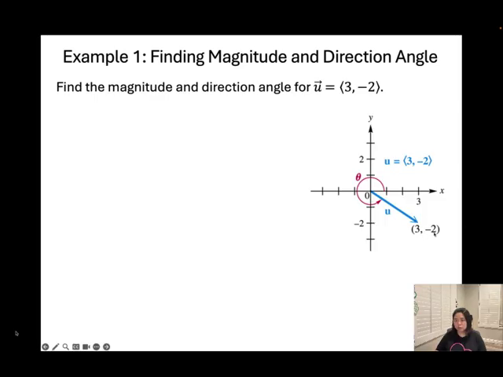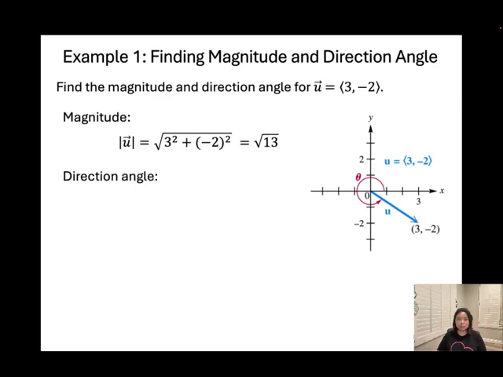Locate the coordinate, and then the vector starts from 0 and goes until here. Now we want to find the magnitude. Apply the formula: square root of a squared plus b squared. You should get square root of 13.